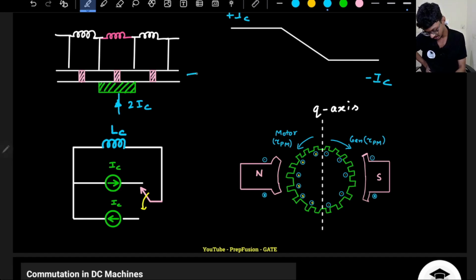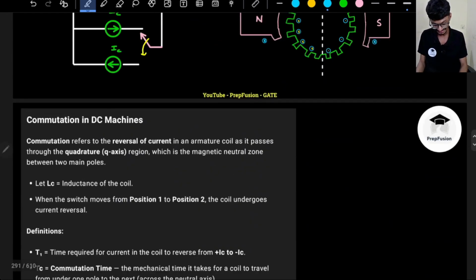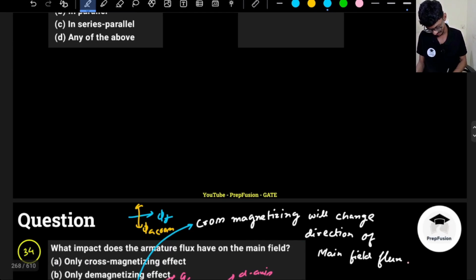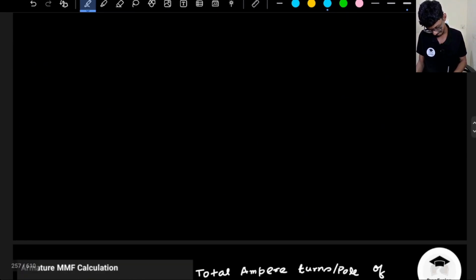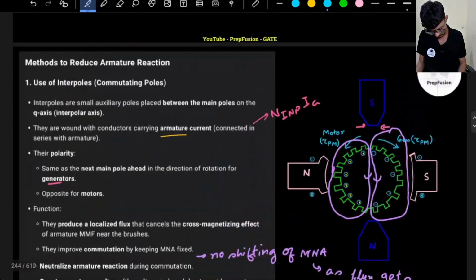And these are basically my commutator segments. If you remember, where is the commutator picture? Okay, that is not here. We have to go very far back. Where is the commutator segment?